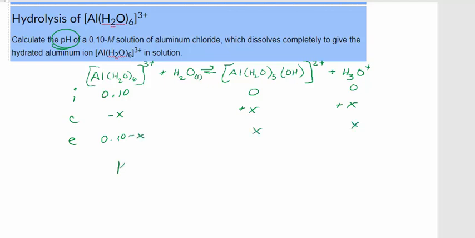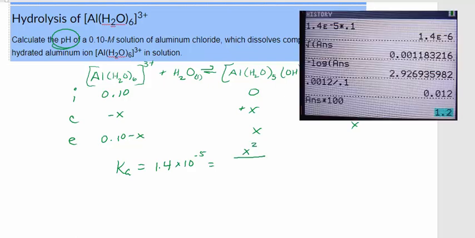And that's going to be equal to our products' concentrations multiplied together divided by our reactant concentration. So I'm going to take that 1.4 times 10 to the negative 5. I'm going to simplify this. I don't know if it's appropriate to do so, but I'm going to try it. Multiply it by the denominator, and then I'm going to take the square root of that answer.